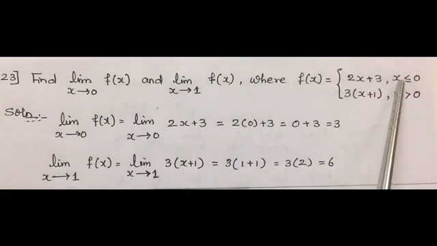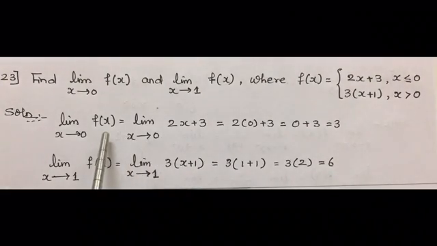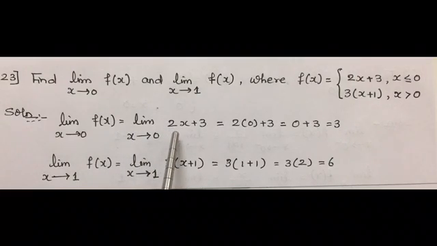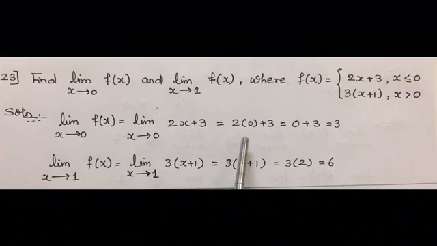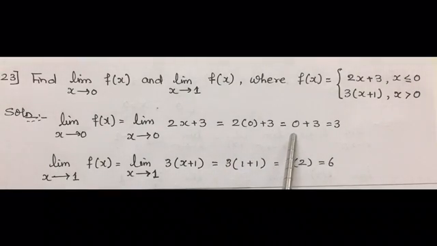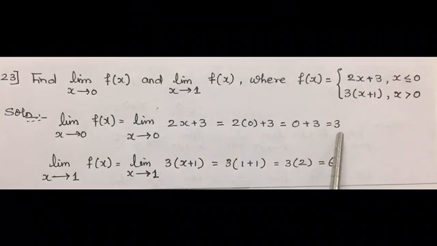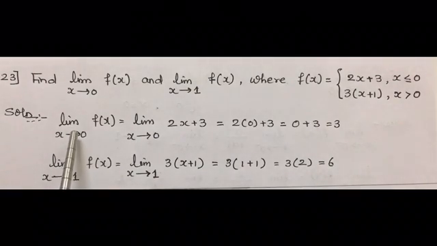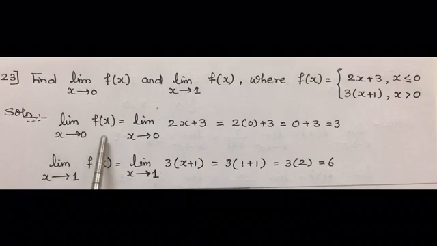So the first function is to be taken up for x tending to 0. Keeping the value of x as 0, 2 into 0 plus 3 will give you 0 plus 3, and the answer is 3 when limit x tends to 0.